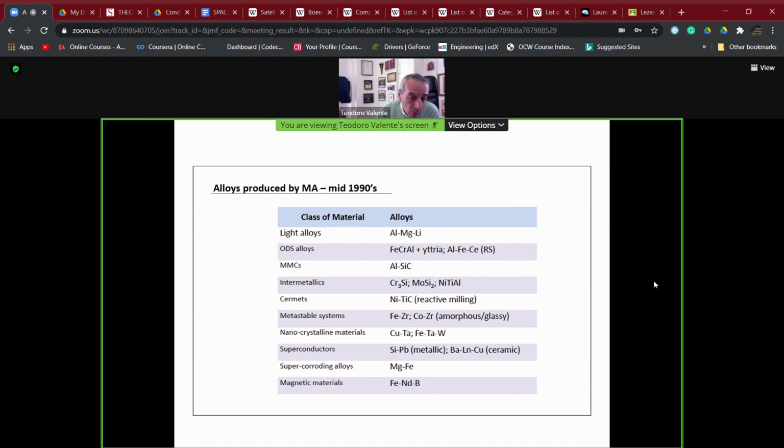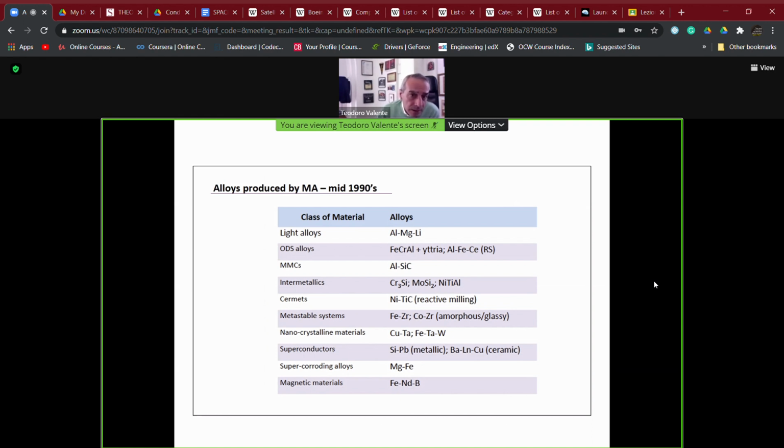And we will see later that powder metallurgy technologies are more or less the most important technology for the fabrication of high coercivity magnetic materials based on neodymium, iron, and boron.